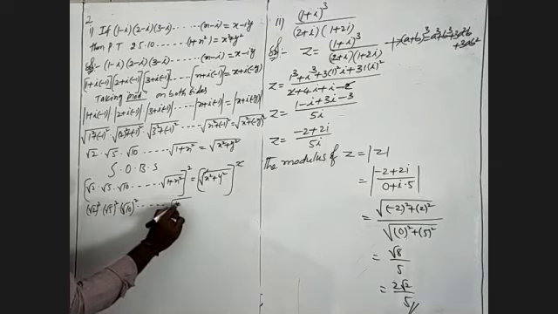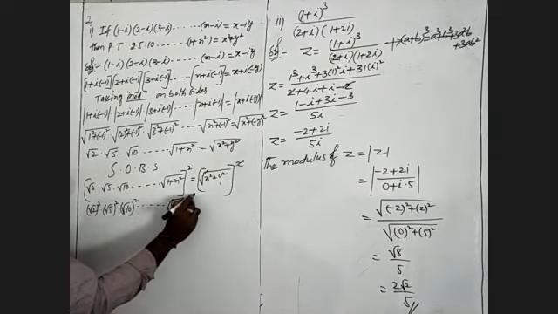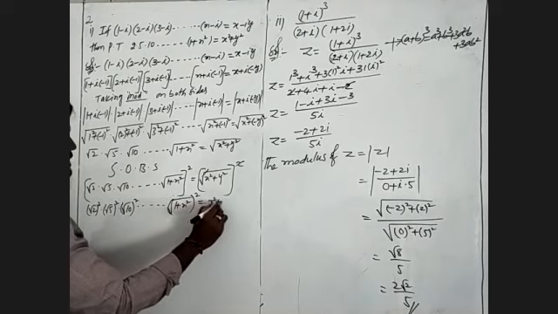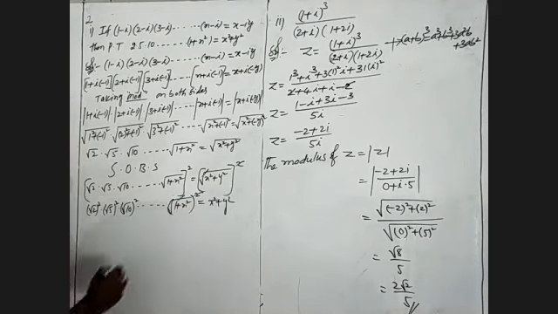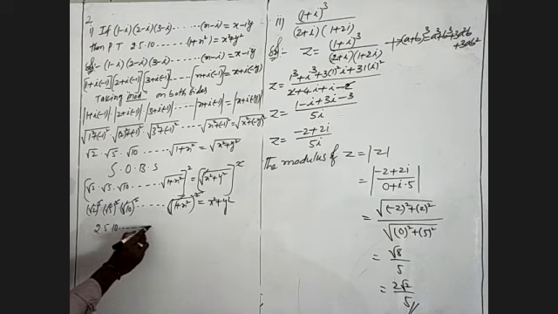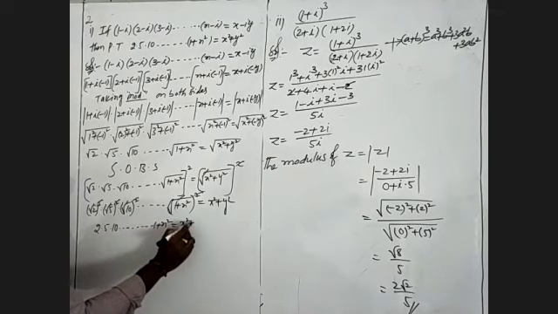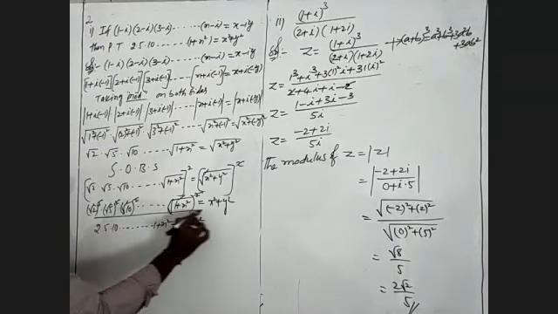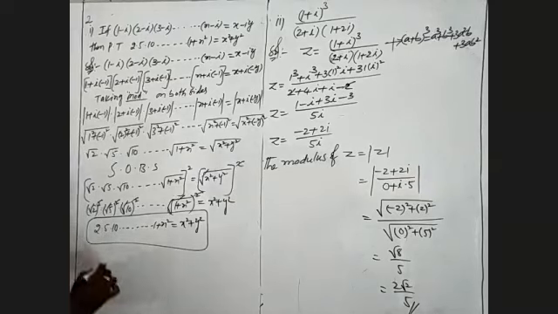Later it is written as 1 plus n square whole square is nothing but x square plus y square, where square and root will be cancelled. Remaining is 2 into 5 into 10 and so on up to 1 plus n square, which is nothing but x square plus y square. This is the proof of the given one.